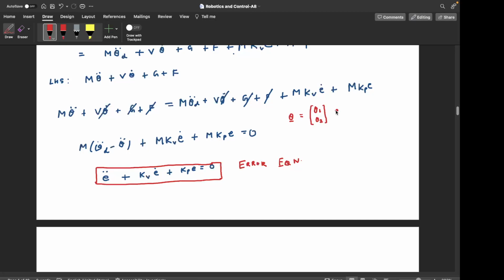So similarly the error vector would be e1, e2, right?